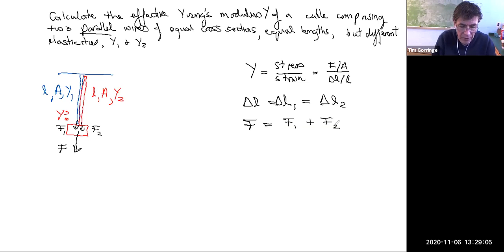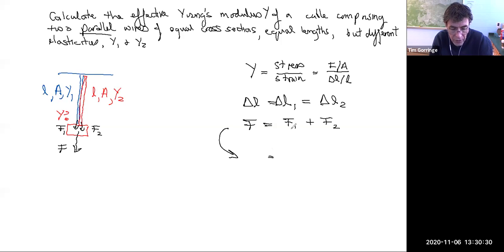Okay, so I'm going to take this understanding of the situation, and again, I'm going to fill in the relationship between stress, strain, and elasticity into this understanding. And I'm going to work with the force equation here. So I can rewrite the force on the left-hand wire, that's F1, in terms of its Young's modulus and area and length and elongation.